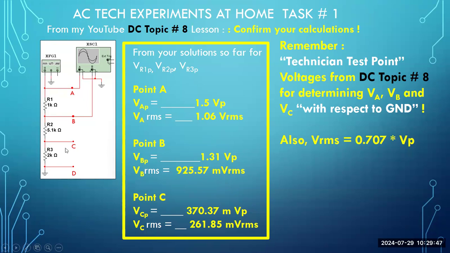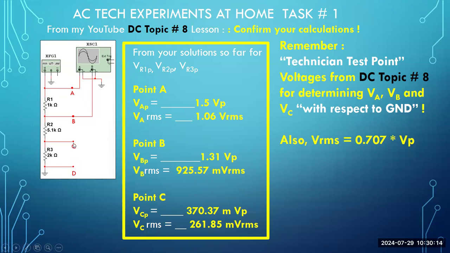The same is also true for the voltage at point C with respect to ground. That is simply the voltage across the third resistor, which we previously calculated as 370.37 millivolt peak. So what we previously calculated as voltage across R3 also happens to be the same voltage at point C with respect to ground.